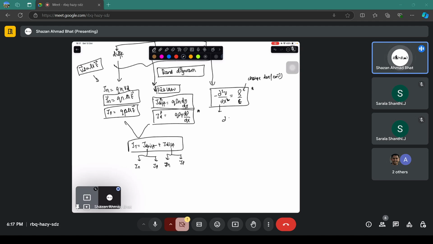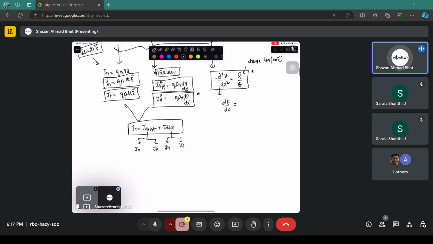Similarly, you can write this in only one coordinate, in one dimension, because dV over dx is equivalent to the electric field. So these equations are necessary in order to understand the carrier electrostatics inside the device, what you have studied till now.